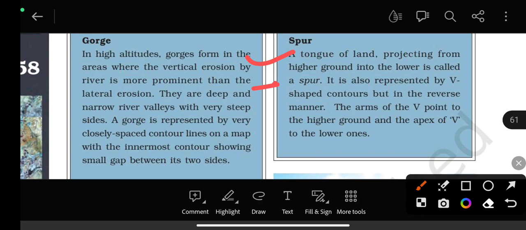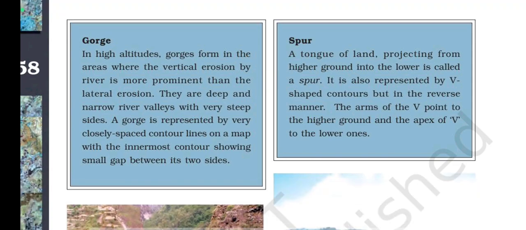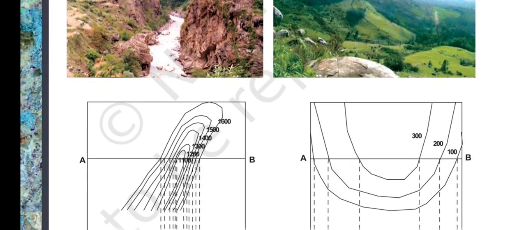The arms of the V point to the higher gradient and the apex of the V to the lower ones. So it looks V-shaped, but there is a difference. You can see a spur is like this. Here the decrease in height is outward, so that is a spur.